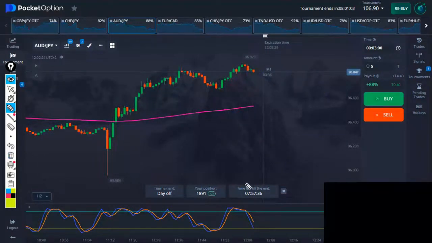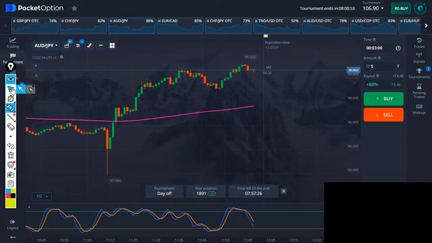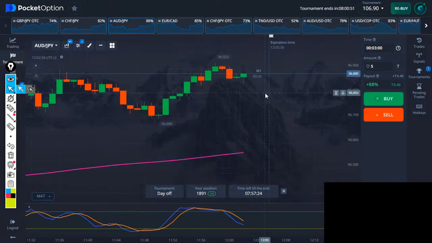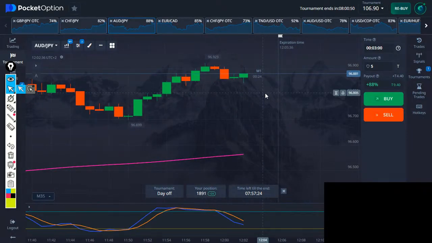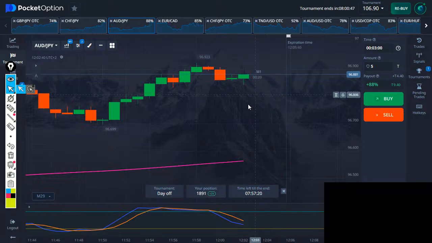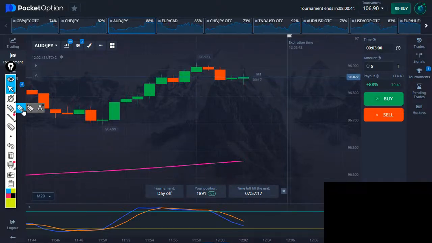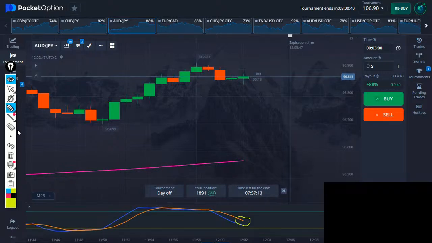So I will be waiting for a clear cross here and both lines crossing back to the upside. I'll take a buy. So let's wait. If for any reason the stochastic oscillator crossed at this level, I won't take any buy trades.